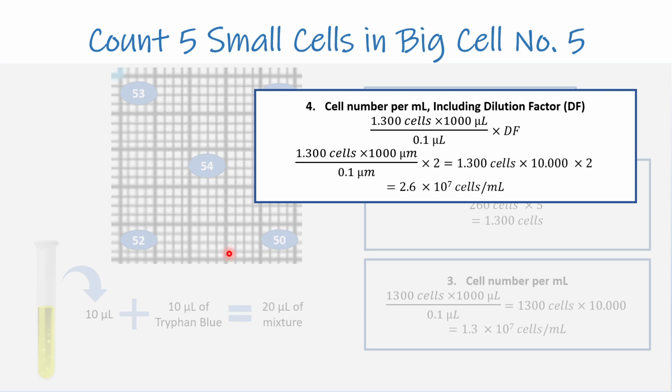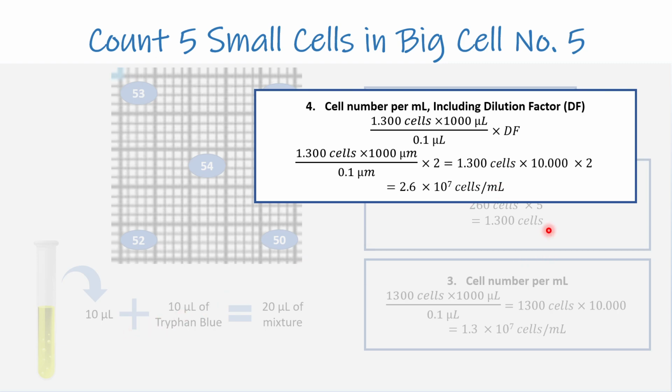In short, we just multiply this number by 2, and we get the final number, 2.6 times 10 to the power of 7 cells per milliliter, and this is the real concentration within this sample. In the volume of 1 milliliter, of course, not in the volume of 10 microliters.